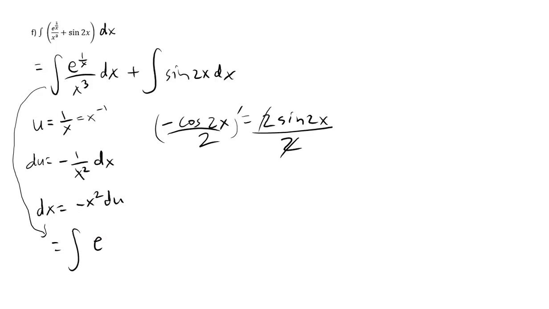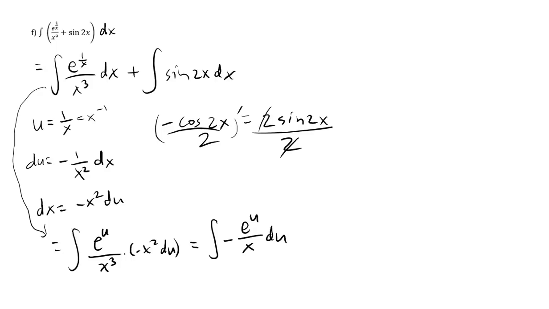Okay, so what I need is a u here over x cubed times, instead of dx, I have negative x squared du. And x squared and x cubed reduce to x.